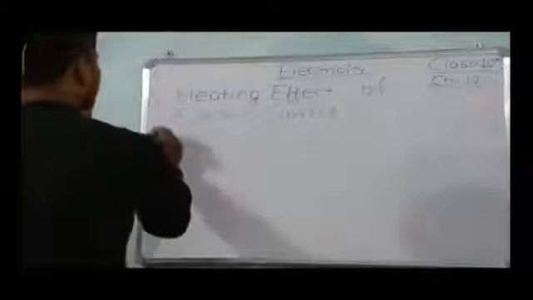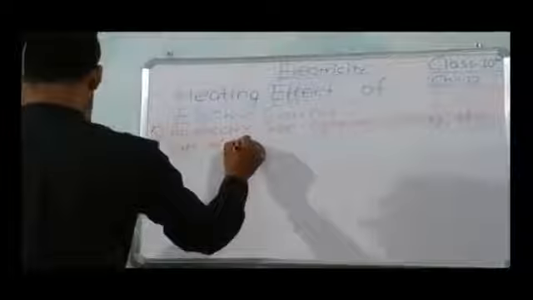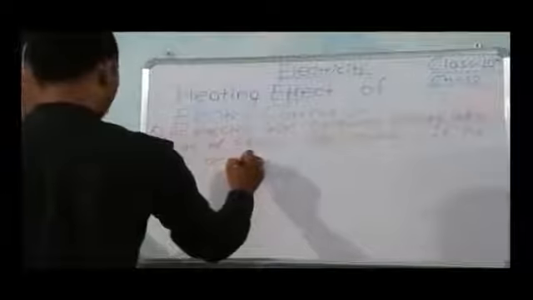An electric iron consumes energy at a rate of 840 watt when heating is at the maximum rate, and 360 watt when it is at the minimum rate.